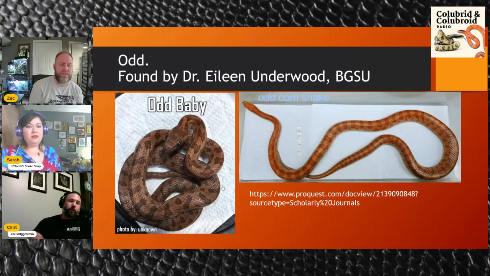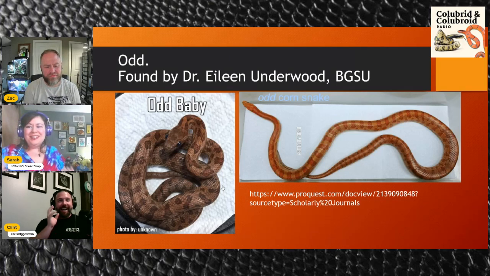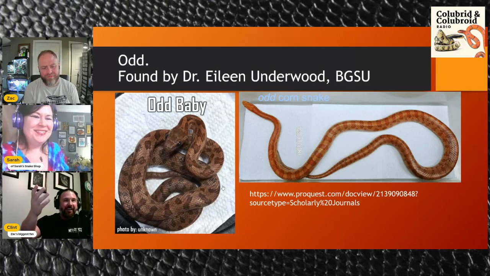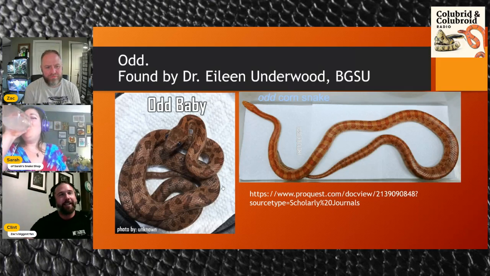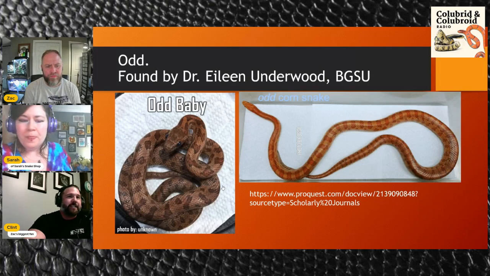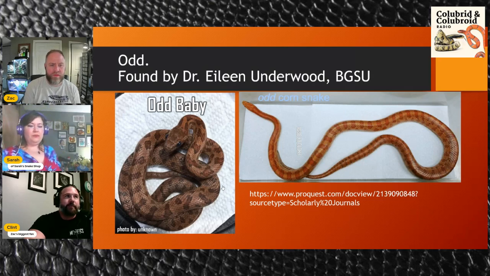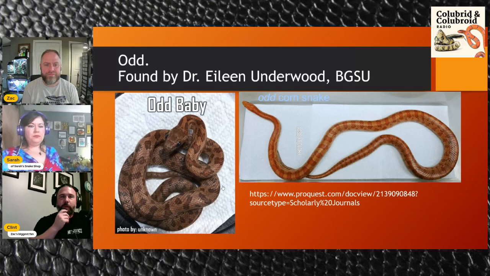That's interesting. I'm digging this, because everything that was just discussed is so much more interesting to me than even looking at the snake. I love the background. That's what I think too. I love just hearing that they grow slower. And whenever you said that the hets can have a look to them that stands out even in a heterozygous form, I see the same thing in black rat snakes, for example.